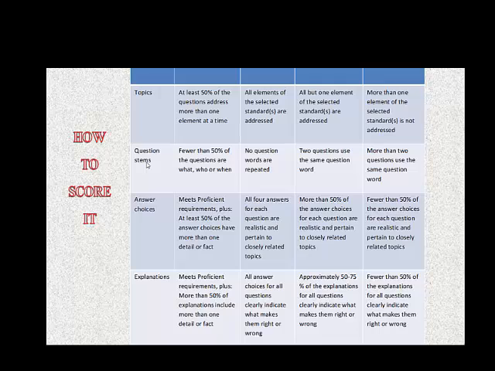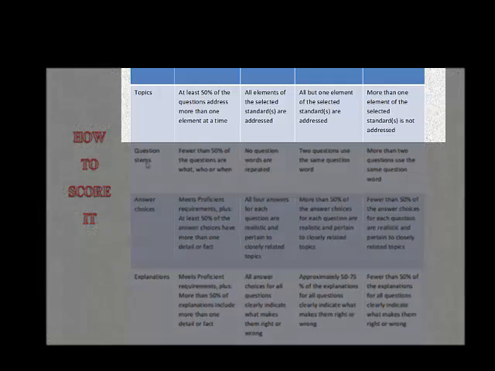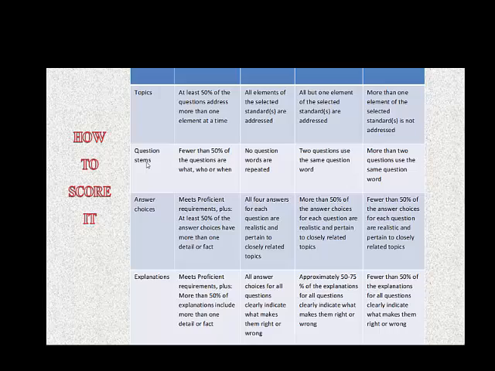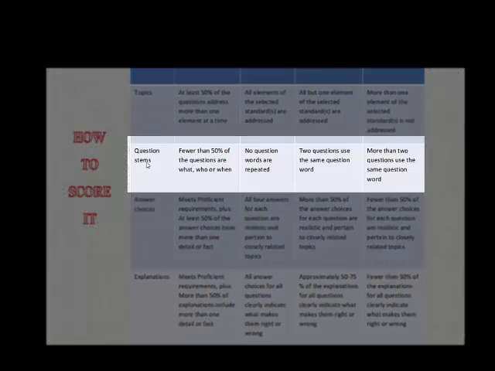You want to address what are the topics that a student has included. Are we covering the entire standard or standards? Or are we constructing it more narrowly so that only certain topics are addressed, whereas several elements that are supposed to be targeted are ignored? Question stems. We want to see a variety.